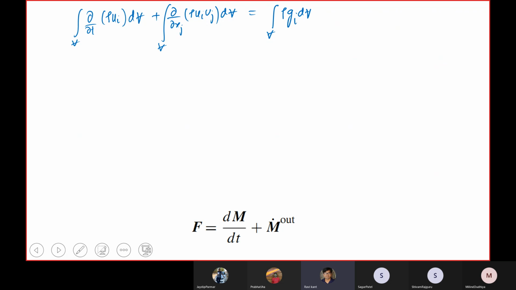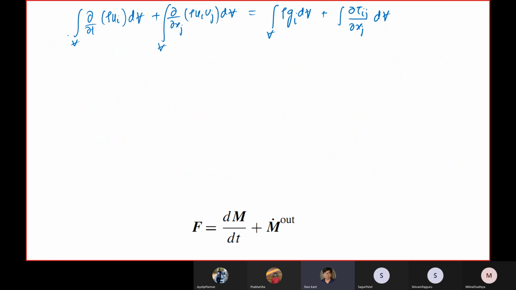Since I have taken an elemental volume, I want to check what is happening with the whole fluid region.